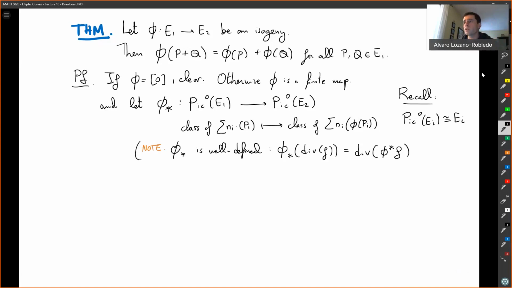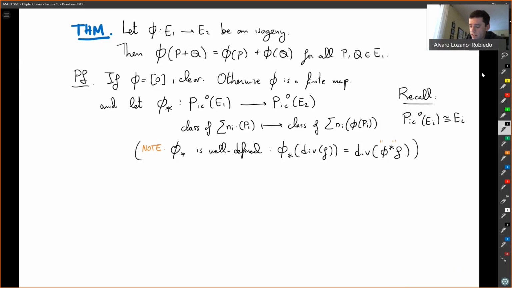We haven't defined this upper phi star, but you can find it in the book. I'm just telling you that there is some other function phi star of f such that phi lower star of the divisor of f is the divisor of a function. I'm not going to go into that, but this is actually a well-defined map.